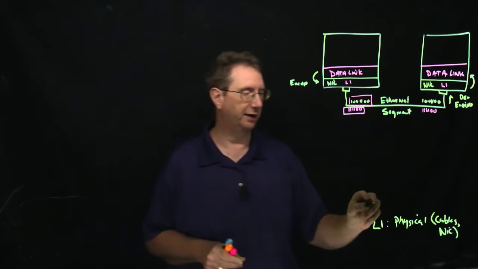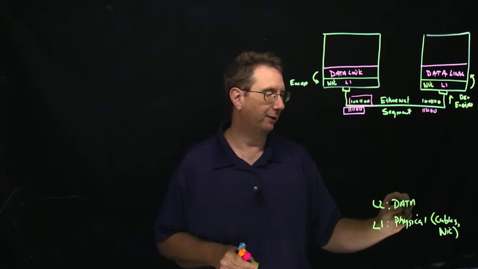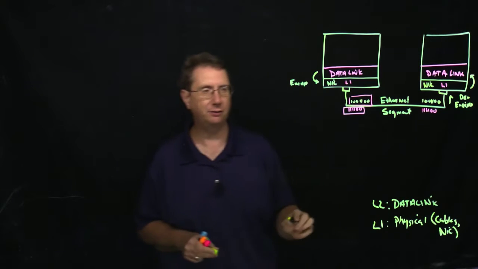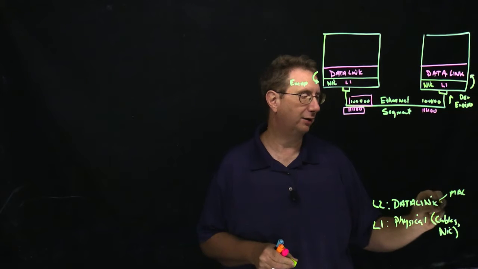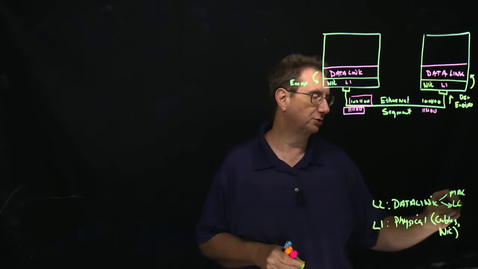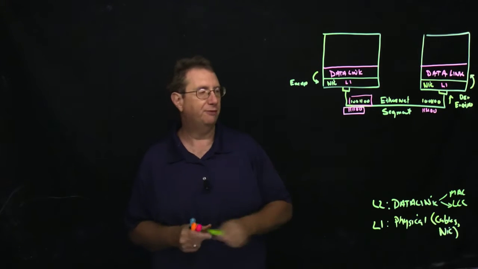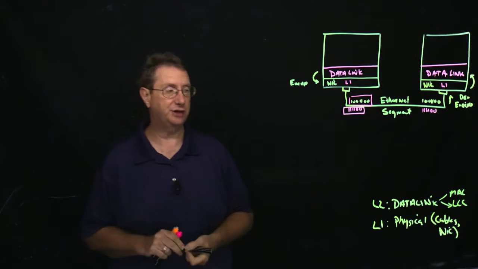Then we discussed layer 2. Now, the layer 2 we described as the data link layer. Now, the data link layer is important, and as I remember, we mentioned the fact that we have the MAC sublayer, and running on top of the MAC sublayer, I have the logical link control sublayer, the LLC layer. And they provide numerous functions for us. But there are some things that I want to make certain that we understand.